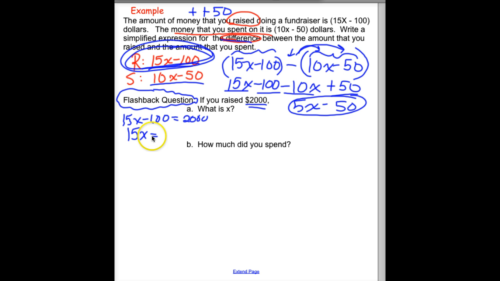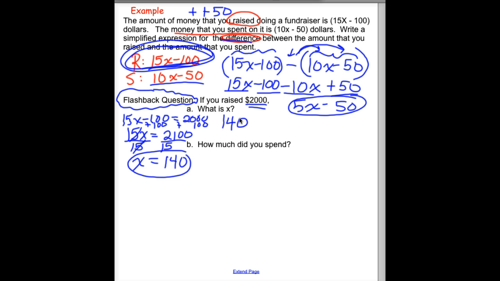So remember from linear algebra, we've got to get that 100 out of there by adding it to both sides. It's 15 times x, so we do the opposite operation, which is division. And if I go to my calculator here, what's 2,100 divided by 15? My answer is x is 140.